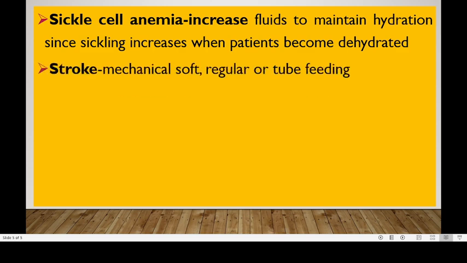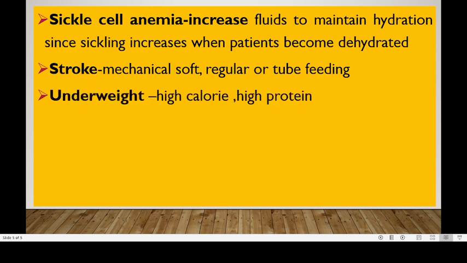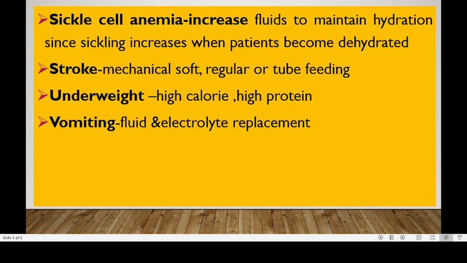For stroke, you give them mechanical food, soft, regular, or tube feeding. Here we are worried about issues to do with aspiration. For underweight patients, give them a high calorie, high protein diet. For vomiting patients, give them fluid and electrolyte replacement.